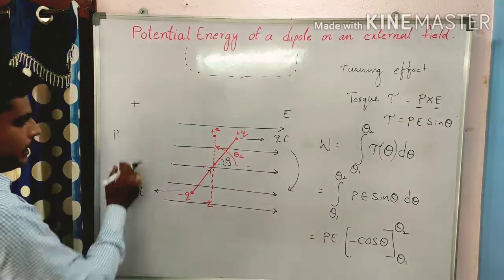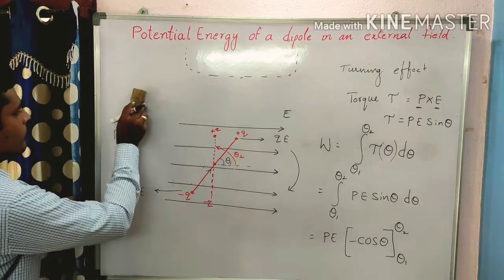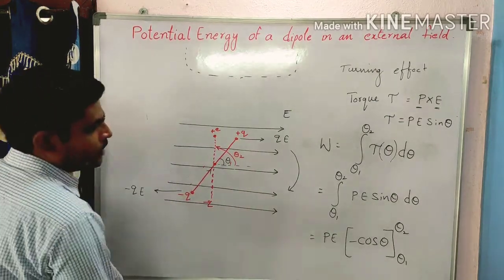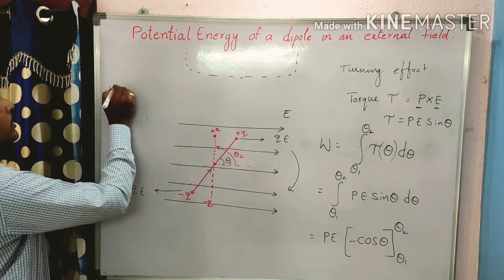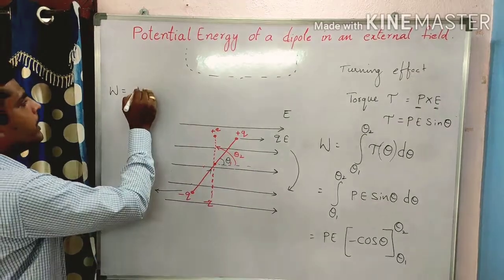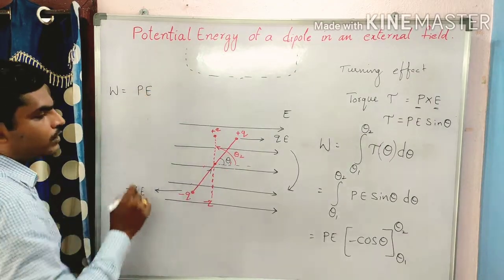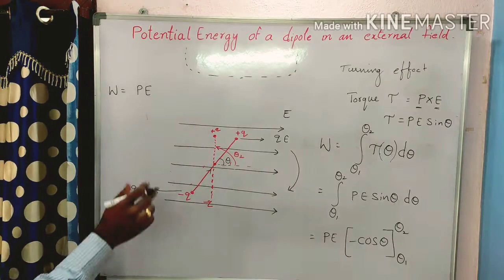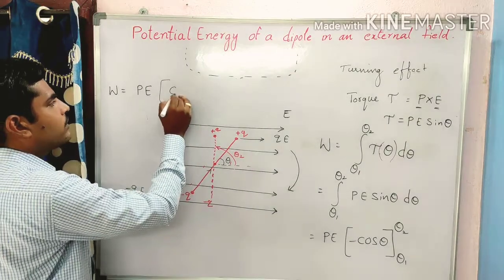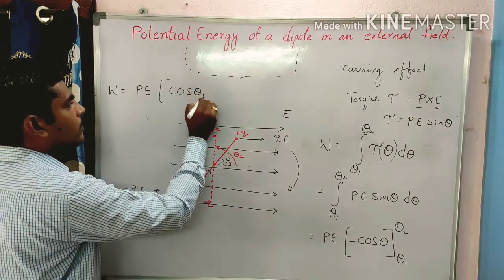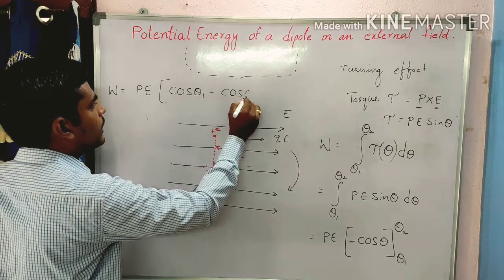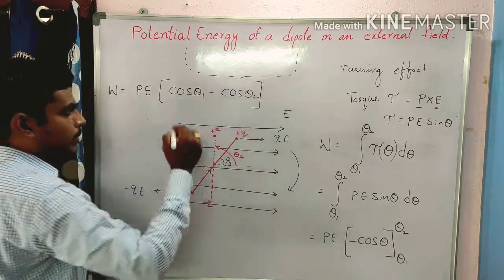The next I am writing here. So work done is equal to PE, cos theta 1 minus cos theta 2. Am I correct?